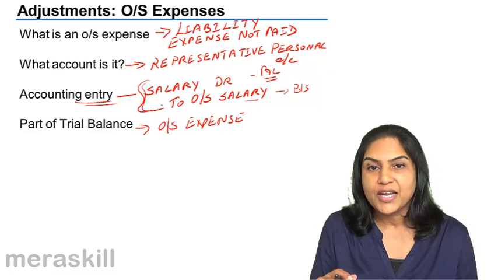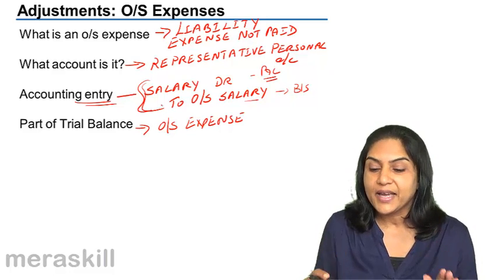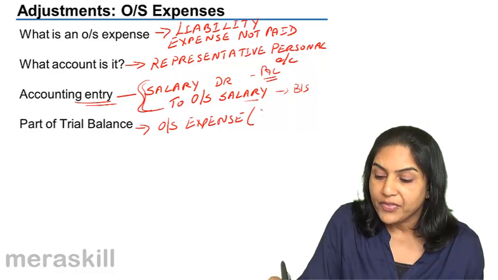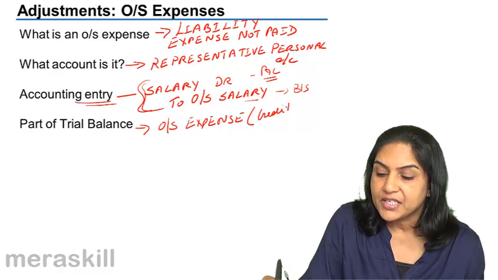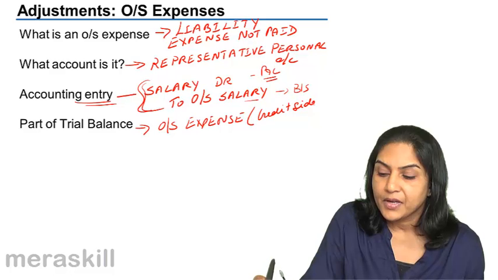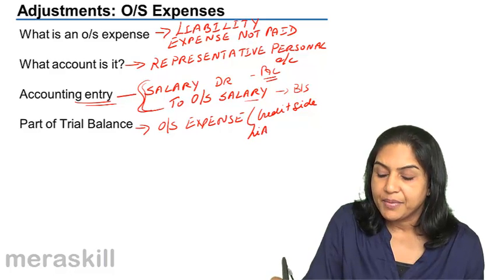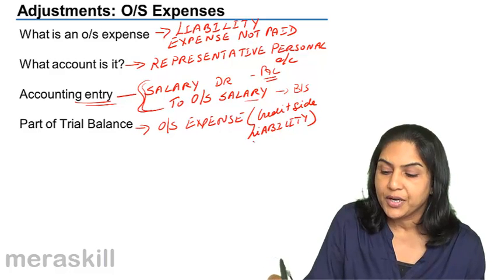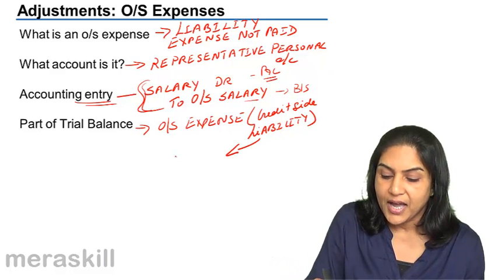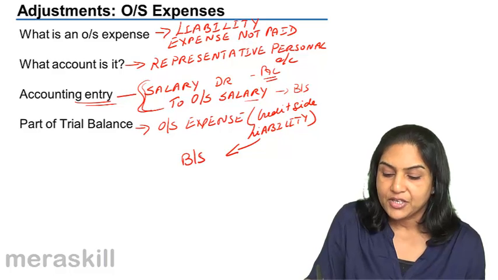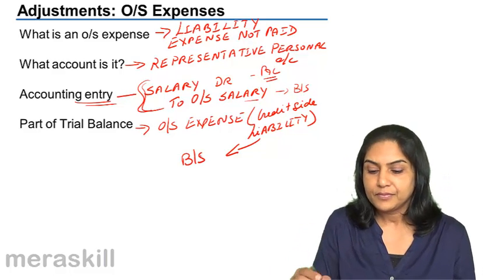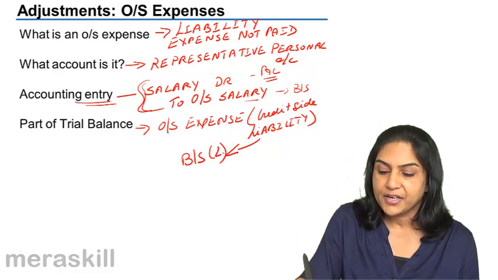Now only the outstanding expense account would be there in the trial balance on the credit side, representing a liability. And where would the liability go? Liability would be taken to the liability side of the balance sheet.